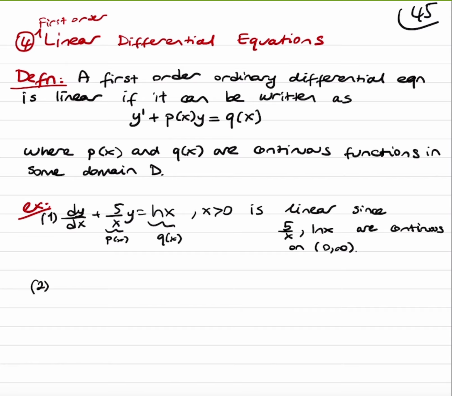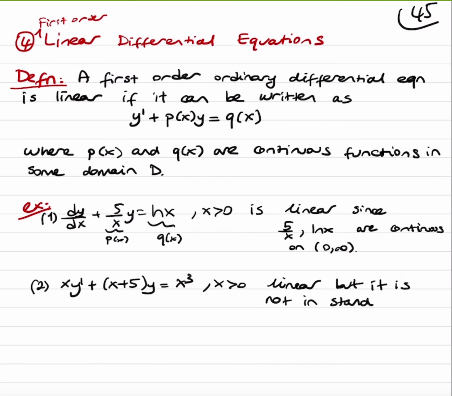Second example, let's look at this one. x times y prime plus x plus 5 y is equal to x cubed. Again, it is given that x is not equal to 0. So this is linear, but it is not in standard form.